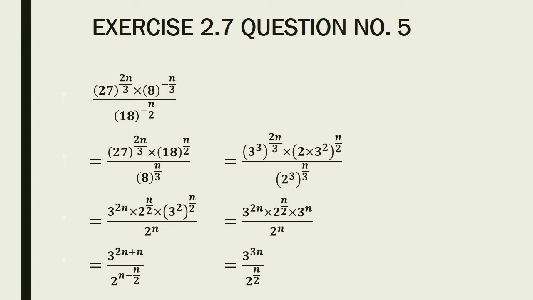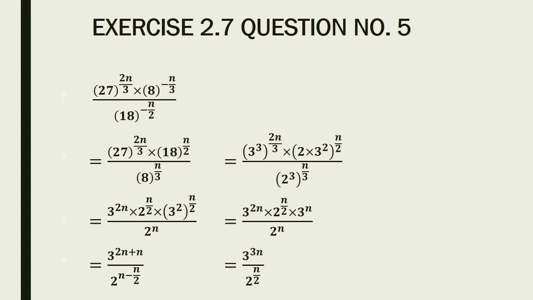The 3 in 3 cubed gets cancelled with the 3 in 2n by 3, so we get 3 to the power 2n into 2 into 3 squared whole raised to the power n by 2, so we just have the power of n by 2 on each and every element. That is 2 raised to the power n by 2 into 3 squared raised to the power n by 2, whole over 2 cubed raised to the power n by 3. The cube of the 2 cubed gets cancelled with the n by 3, so we get 2 raised to the power n in the denominator.